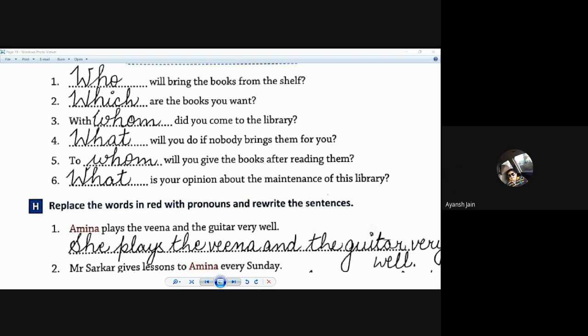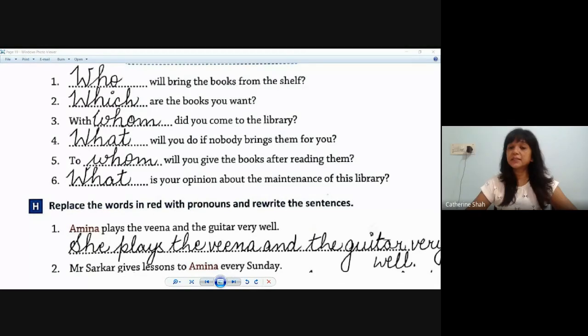Ma'am, can I say? Ayansh, Tawassim is already speaking, no? Why do you have to disturb in between? Wait for your turn. Wait for your turn. Tawassim, tell me. Ayansh, be ready with third one. Tawassim, I'm still waiting for second. Ma'am, may I say?